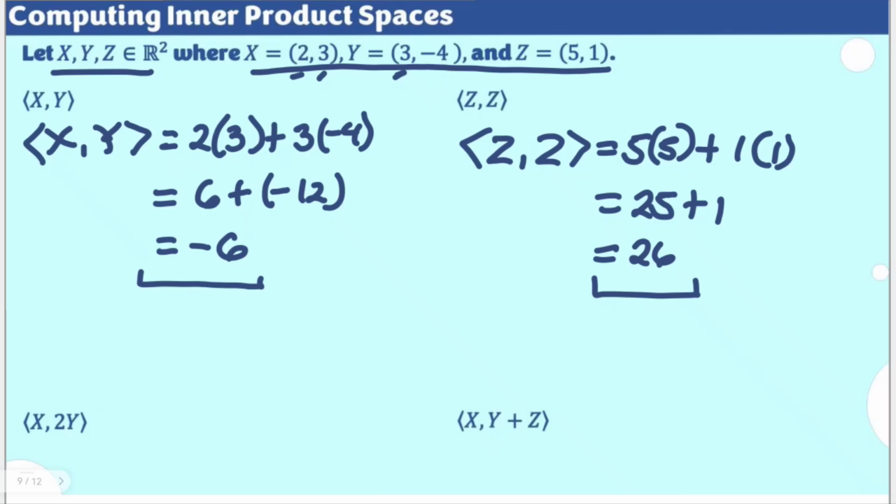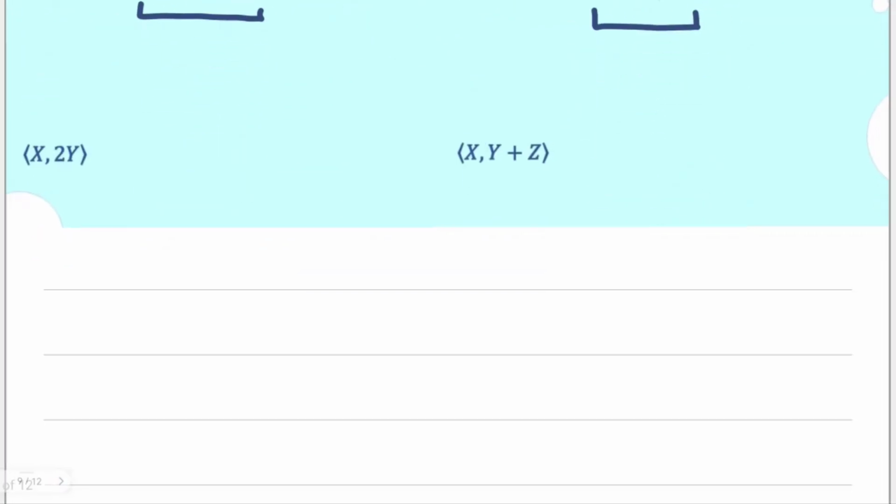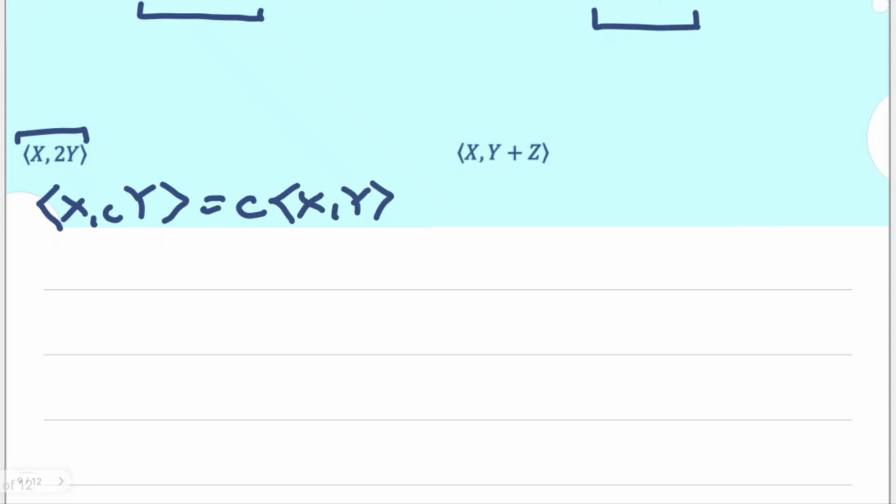Now, for the next two examples, we'll be using some of the properties, but we are also going to show the process without using those properties, because this is where scalar multiplication is present. Take note that we have that property which states that if we have x and cy, you can just simply take c and multiply it with the inner product of x and y.